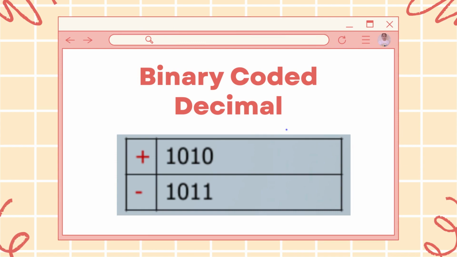Binary coded decimal. In binary coded decimal, we have 1010 representing positive numbers and 1011 representing negative numbers. So basically, we need to find the binary sequence for each number and then add them together.